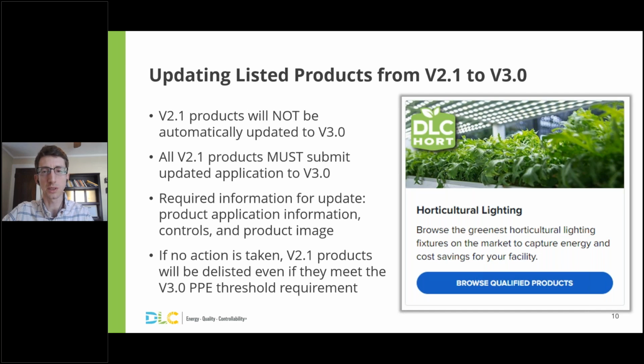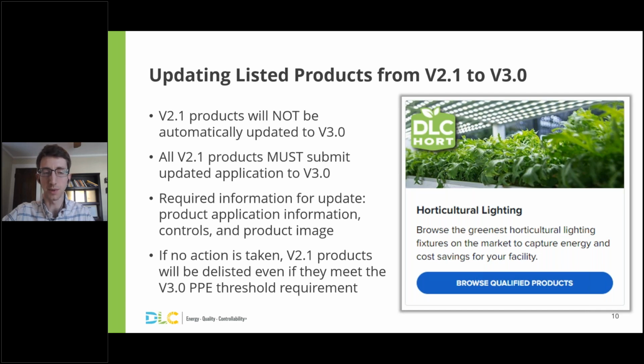Some more details on the updating process. Version 2.1 products are not automatically updated. So some action needs to be taken if you want to get your products updated to version 3. They need to be submitted in an update application. That application is specifically for version 3, and some of the new information are product application information, controls, and the product image.